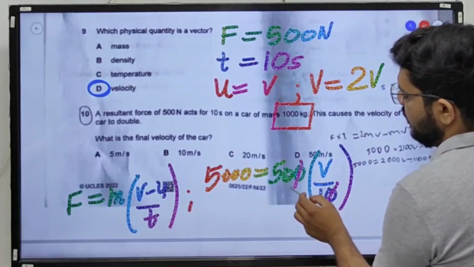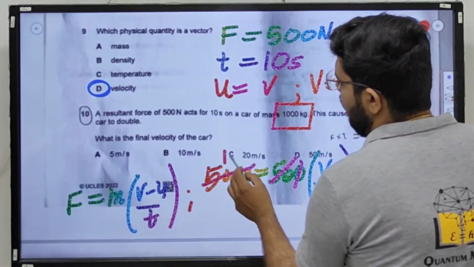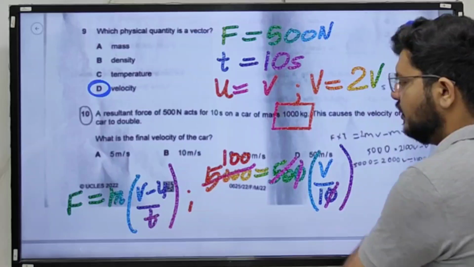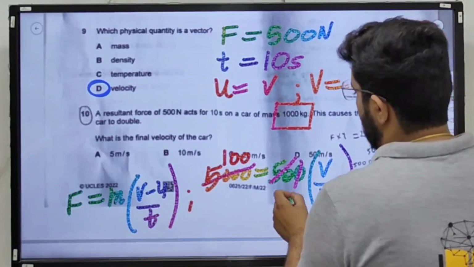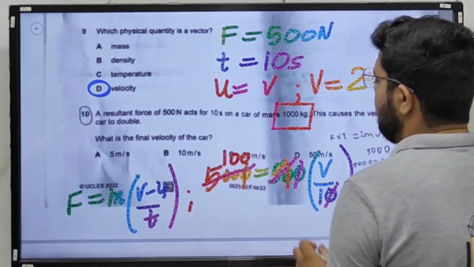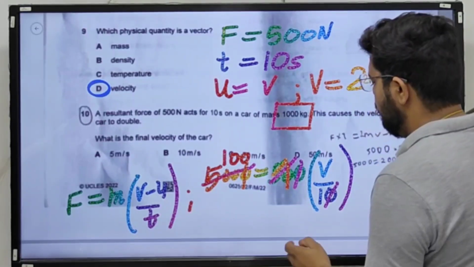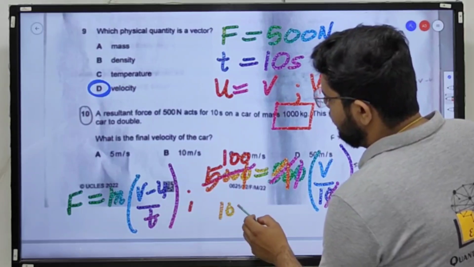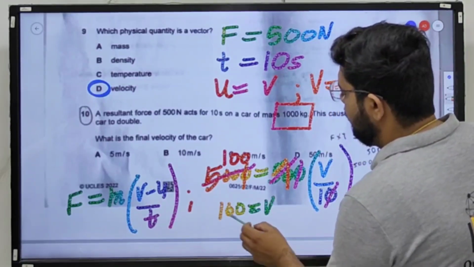So 0, 0 gets cancelled, 50, 100 times, right? 0, 0 get cancelled and 500 times. Yes, it is 100 times. So you get 100 is equal to v.